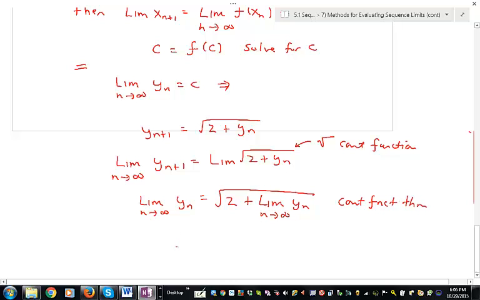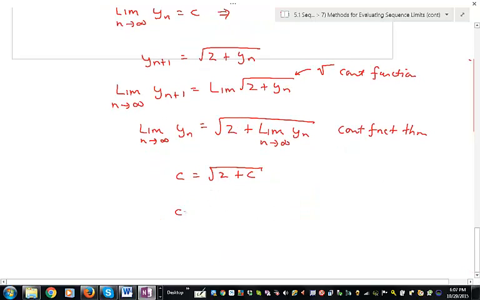Therefore, we get the result that c is equal to the square root of 2 plus c. And we just solve for c. Square both sides. And of course, we're going to get two roots. c is equal to 2, c is equal to minus 1.